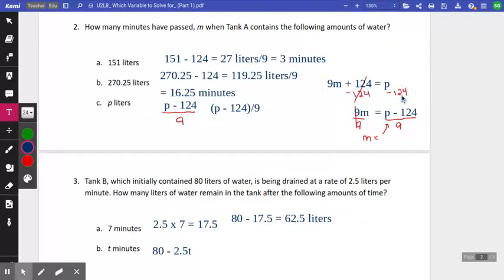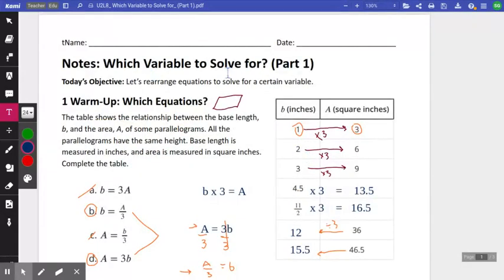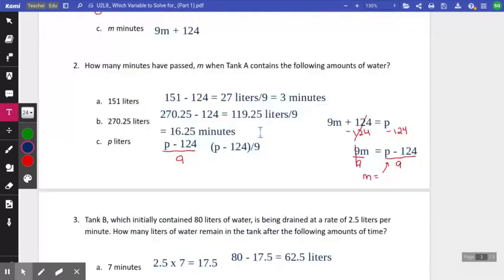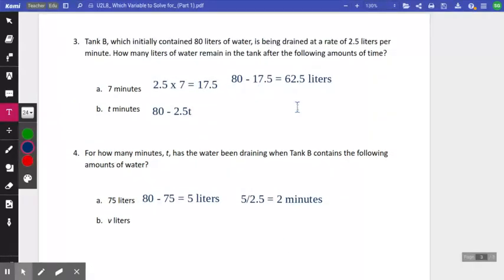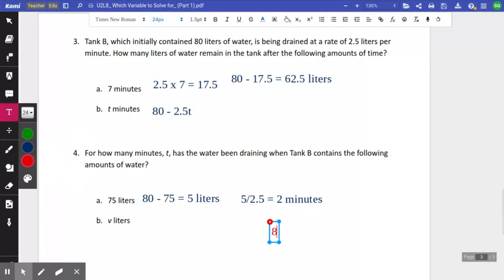I want to try the solving method since that's really our focus for this lesson. Remember, it's called which variable to solve for. So I'm going to approach this by solving that first expression. We had this first expression, which I will put down here in red. We had 80 minus 2.5t.